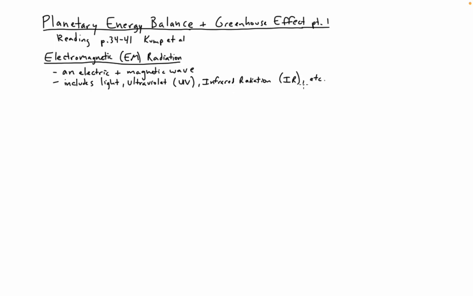Microwaves, radio waves, X-rays, gamma rays, they're all in the same spectrum of electromagnetic radiation, but we're going to be focusing for the greenhouse effect mostly on visible light, UV, and IR.